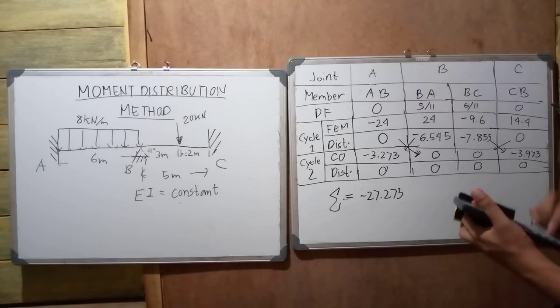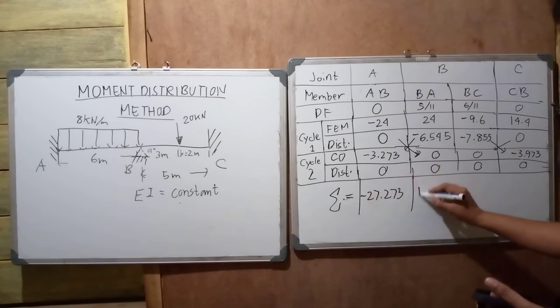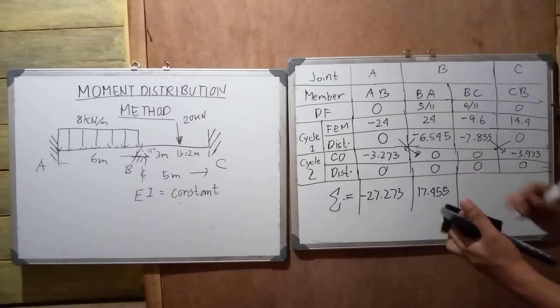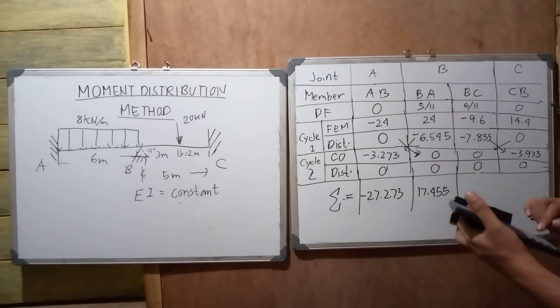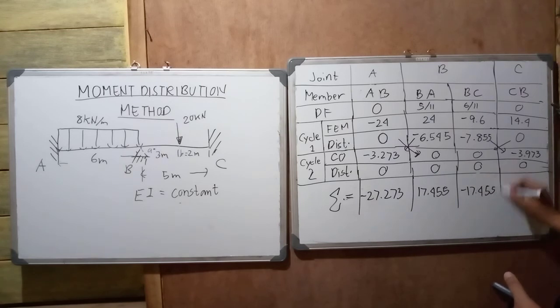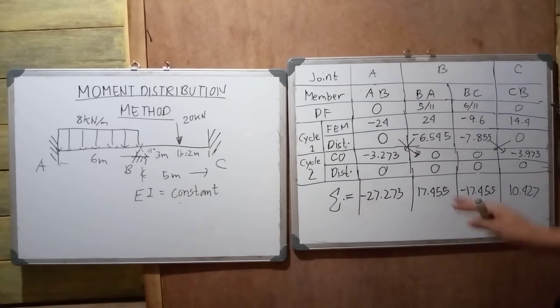So, this is, okay, so this is 17.455. Here, negative 9.6 minus 7.855. So, we have negative 17.455. And here, 14.4 minus 3.973 is 10.427. Okay?